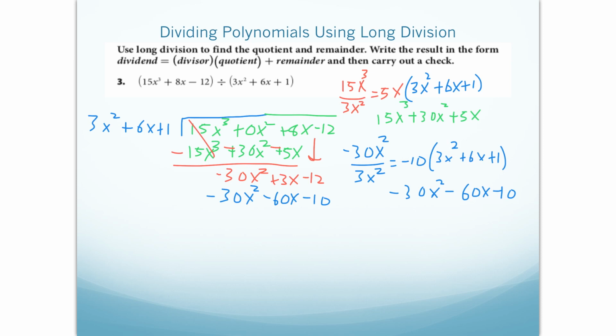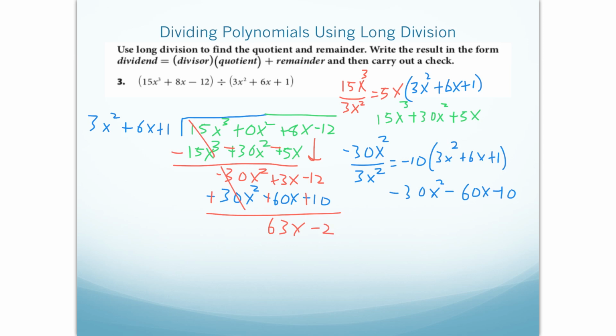And then we subtract all the terms. So subtracting a negative becomes positive, subtracting a negative becomes positive, and that one's positive. The first terms cancel out. 60x plus 3x is 63x. Negative 12 plus 10 is negative 2.